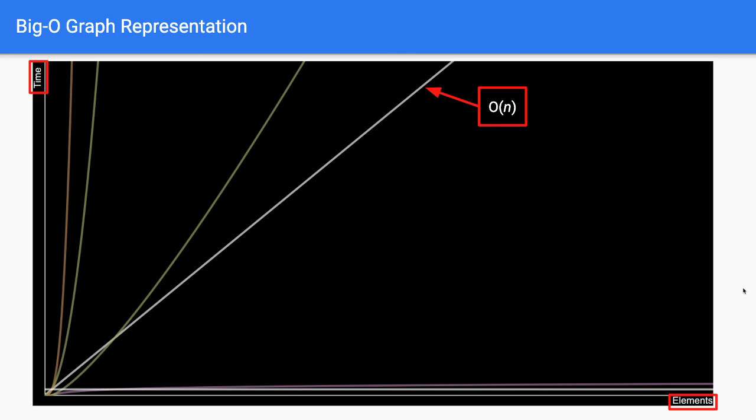This says that as the number of elements grow, so does the running time. The horizontal line just above the x-axis represents the graph of O(1), or the big O of 1. This says that no matter how many elements there are, the running time of an algorithm will remain constant. In the later lectures, we are going to look at the other big O graph lines.